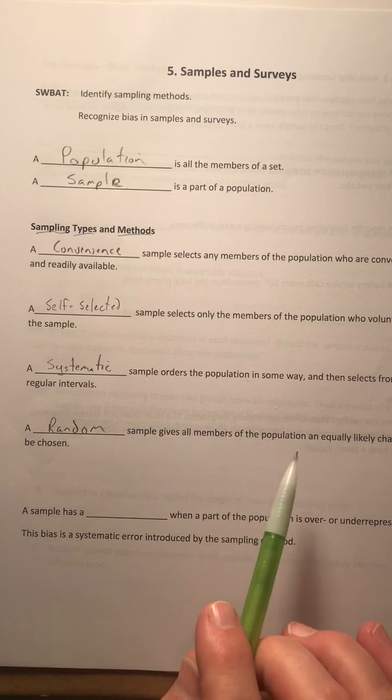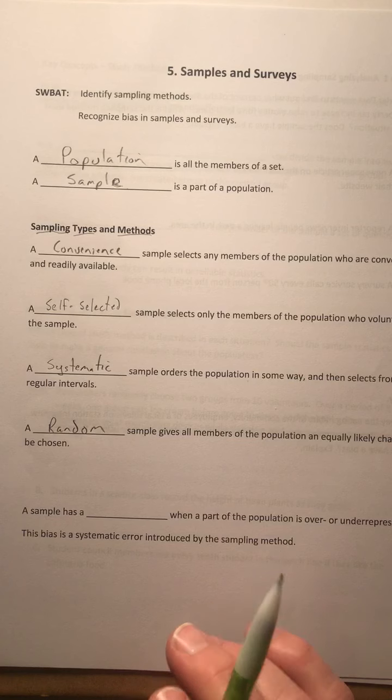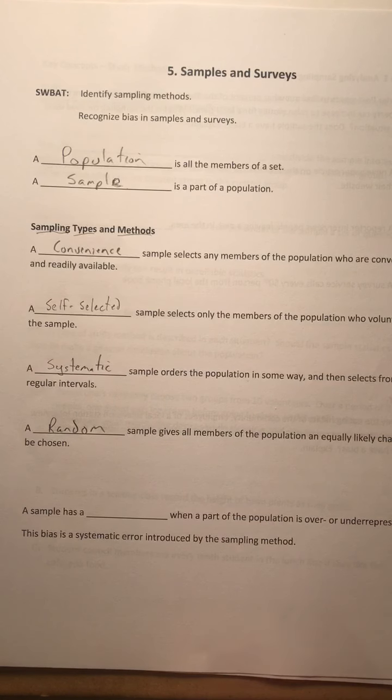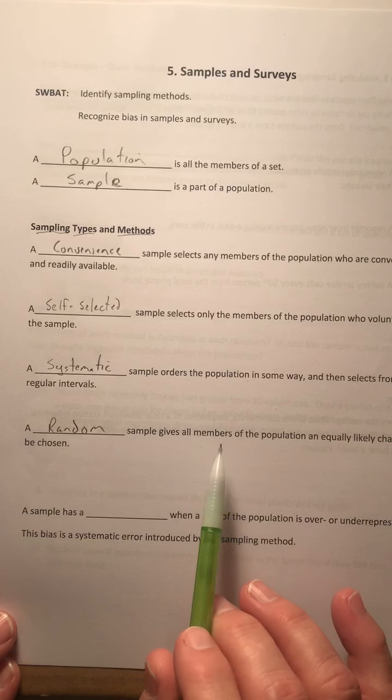So that is a random method. Or I could put all of the names in a big pot and then just pull names out randomly. That is an example of a random sample.